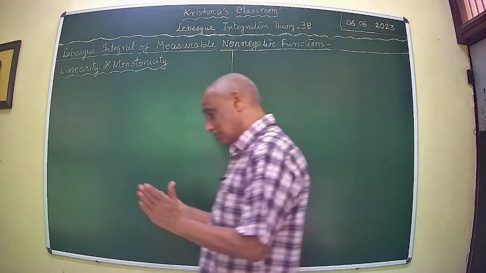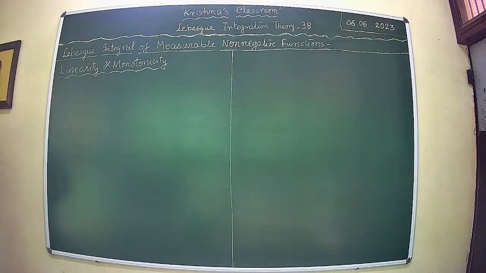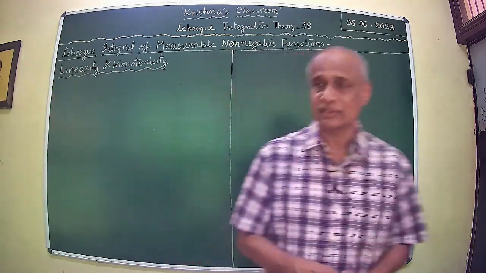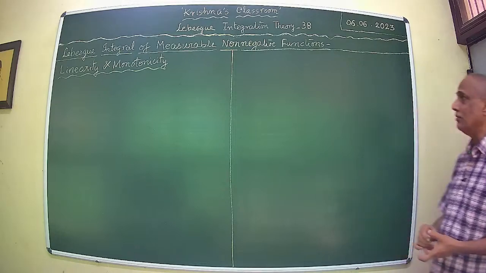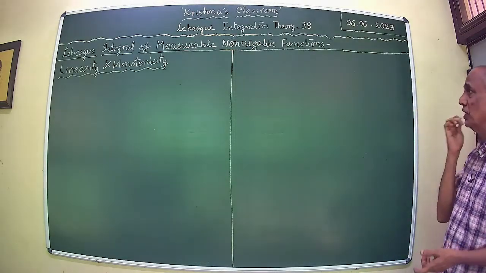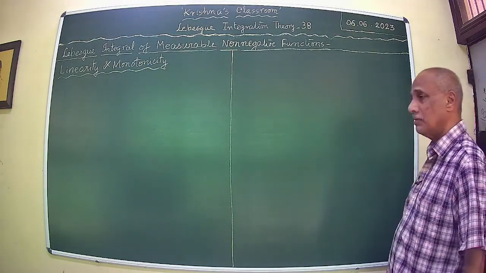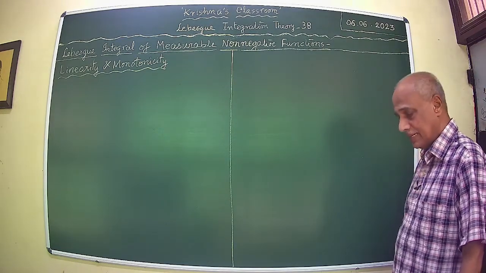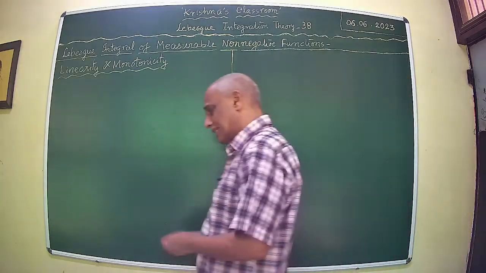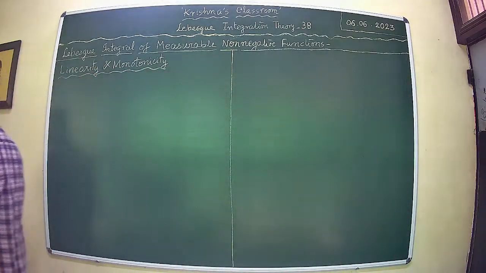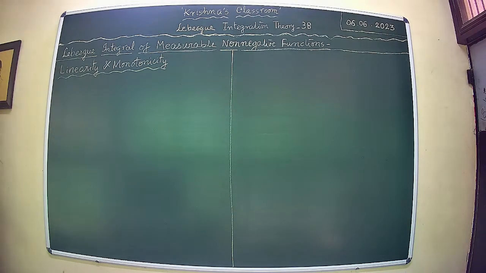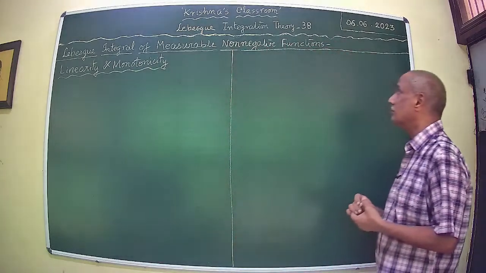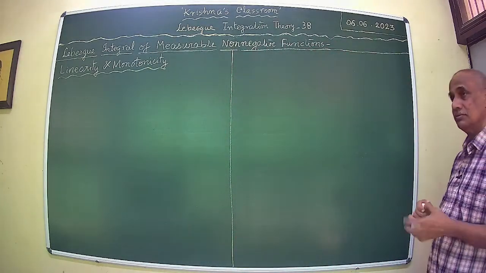Now, after that, we go to the next step. As I had described earlier, we would have loved to go straight away to measurable functions. But then there are some catches for that which we have explained. So we first do it for what are called non-negative measurable functions.